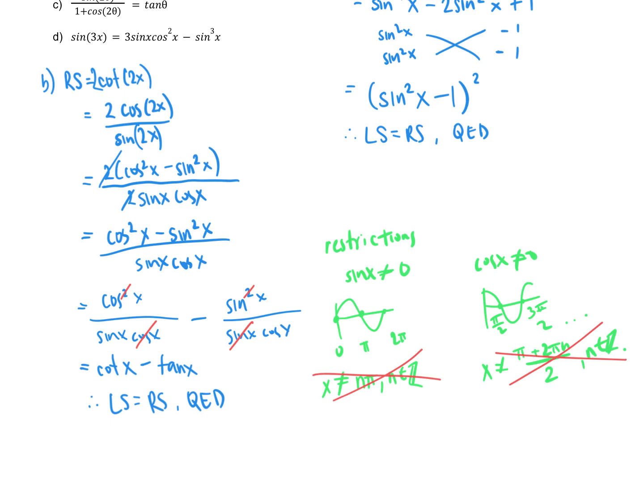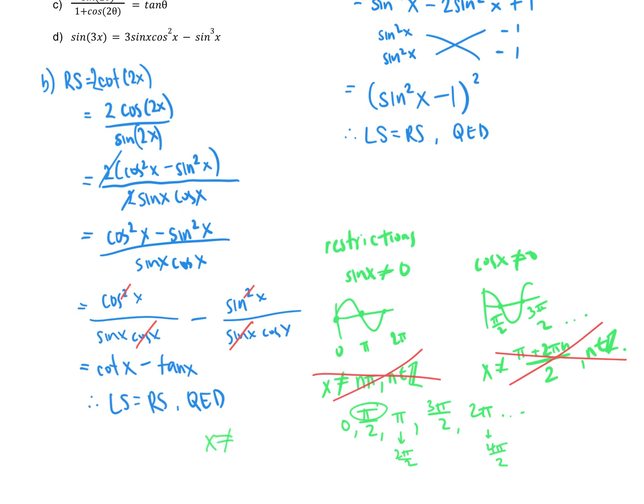Now, if I look at sine and cos, when each of them is equal to 0, we are at 0, at pi over 2, at pi, at 3 pi over 2, at 2 pi, and so on. And as a reminder, pi is just 2 pi over 2, 2 pi is 4 pi over 2. So if you look, it's just the coefficient of pi that is changing for a common restriction.